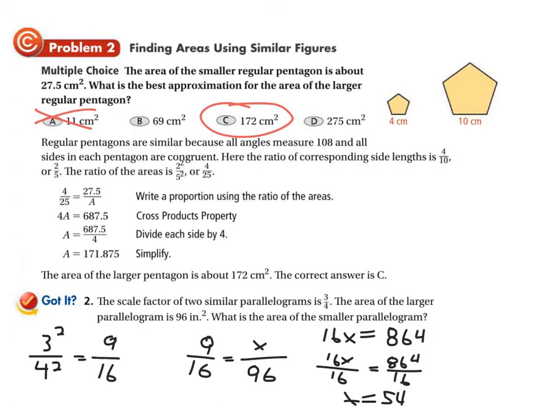Yeah? x equals 54. So the area of the smaller parallelogram, if we write it using the units, is 54 inches squared. Okay, that's how you do it. Let's keep on moving and see what else they've got for us.